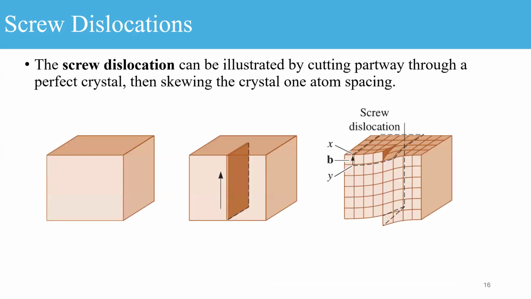Let's start with the definition of screw dislocation. A screw dislocation can be illustrated by cutting through a perfect crystal and then screwing the crystal by one atom spacing. What that means is, if we have this perfectly rectangular crystal structure, we cut it halfway through the rectangle in the depth direction, and move this part half left half upward and then right half downwards.